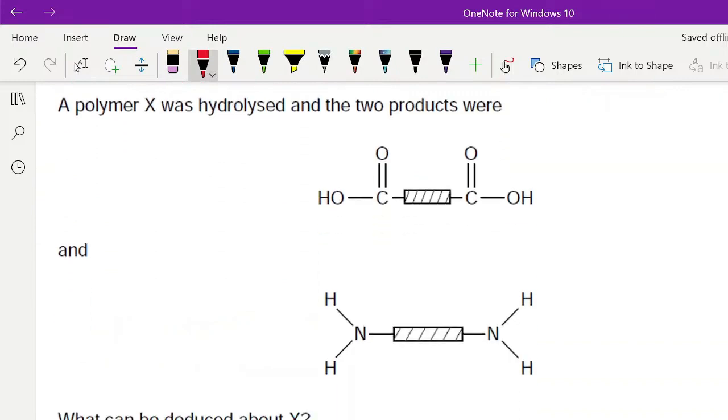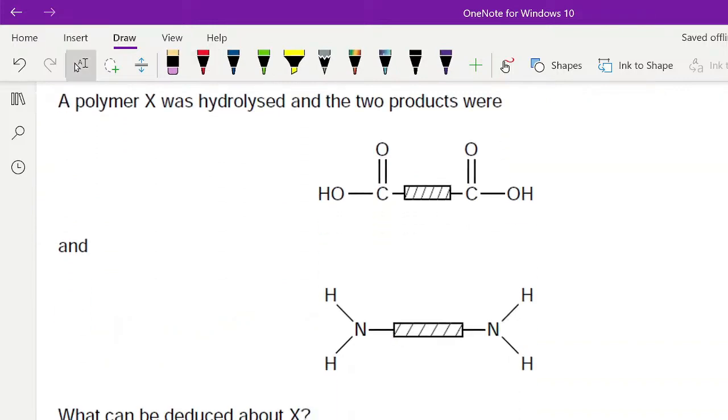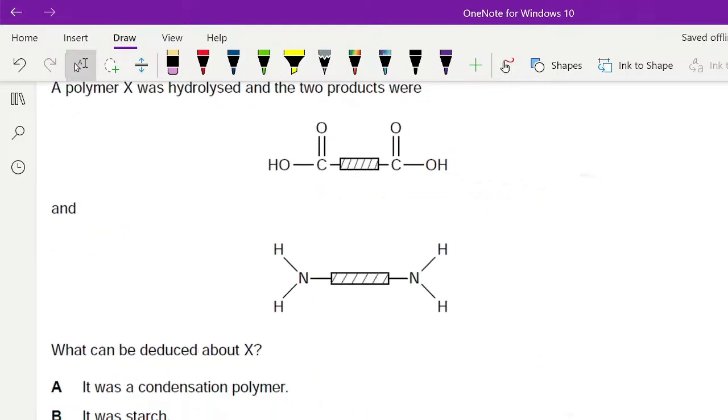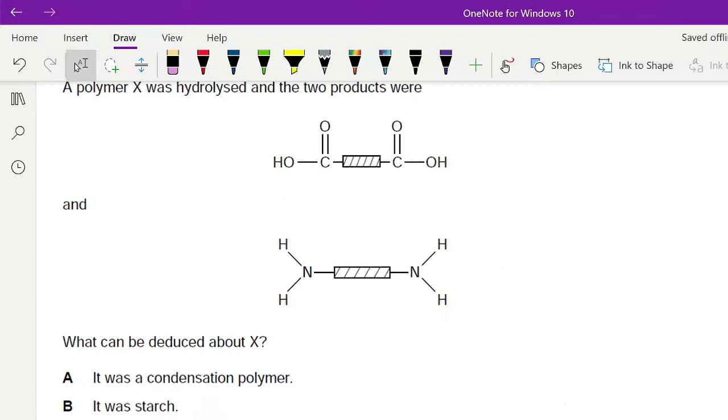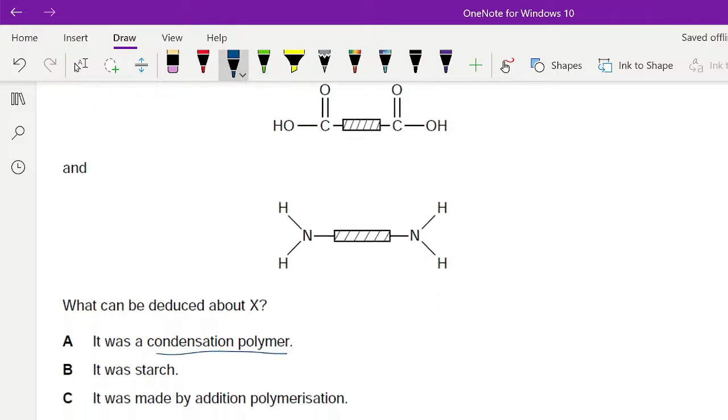Polymer X was hydrolyzed and two products were formed like this. What can be deduced from X? So because the monomers of X are dicarboxylic acid and diamine, it's not formed because of alkene, right? So it must be a condensation polymer.